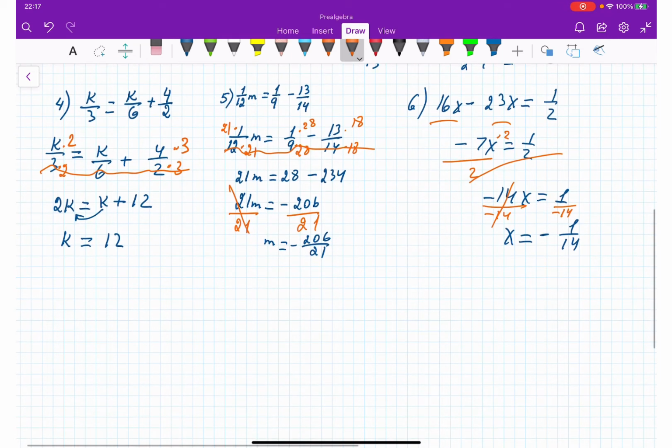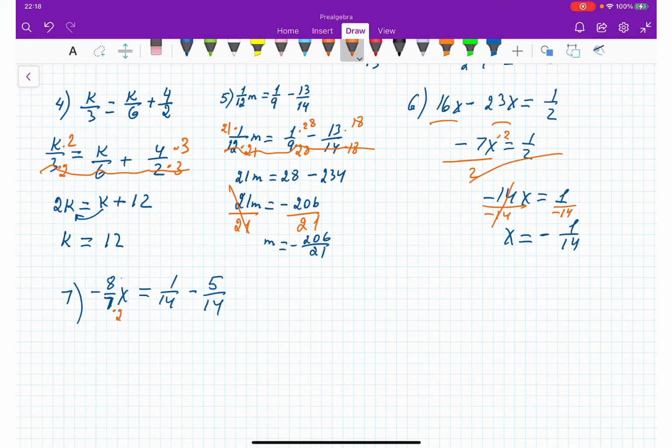Number 7. We have negative 8 over 7x equal to 1 over 14 minus 5 over 14. Okay, 8 over 7. So 7 and 14, common denominator is going to be 14, right? All right.